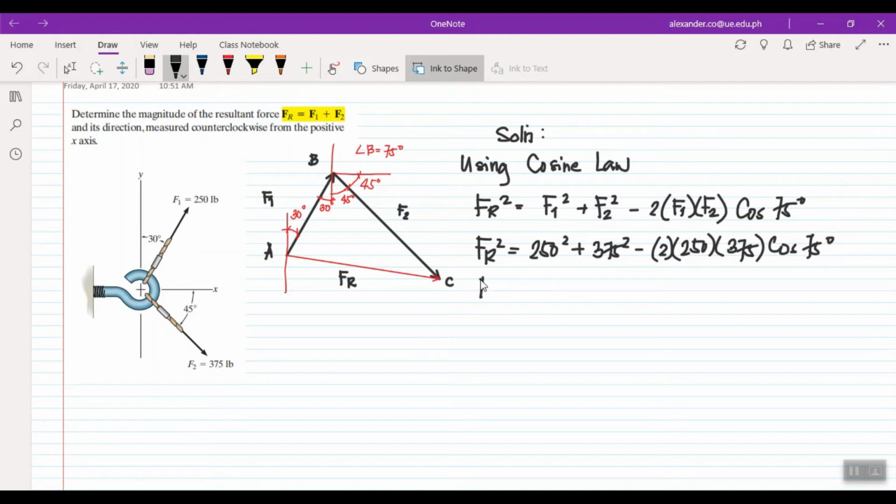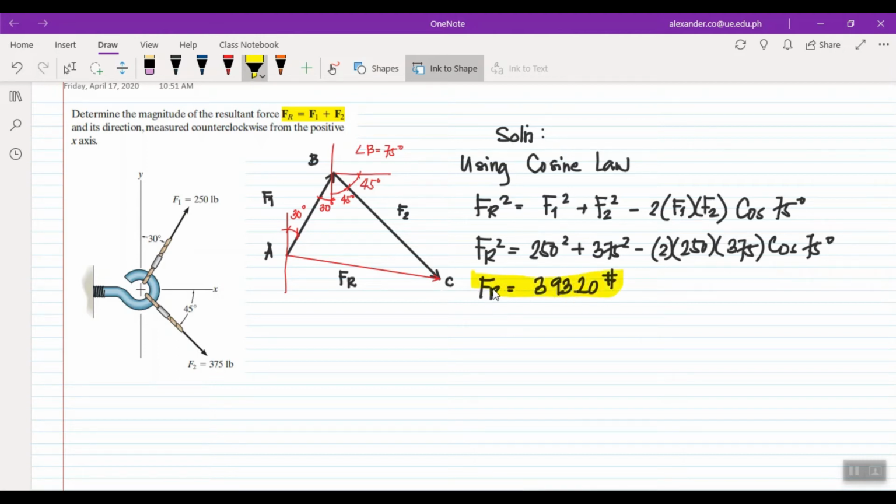Using your calculator, meron na akong answer dito eh. Ang answer ko ay 393.2 pounds. Okay? So, yun yung answer natin sa magnitude.